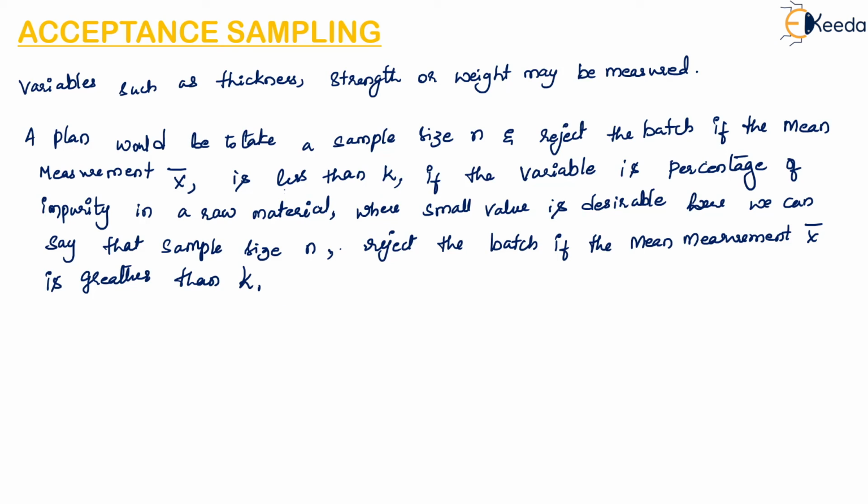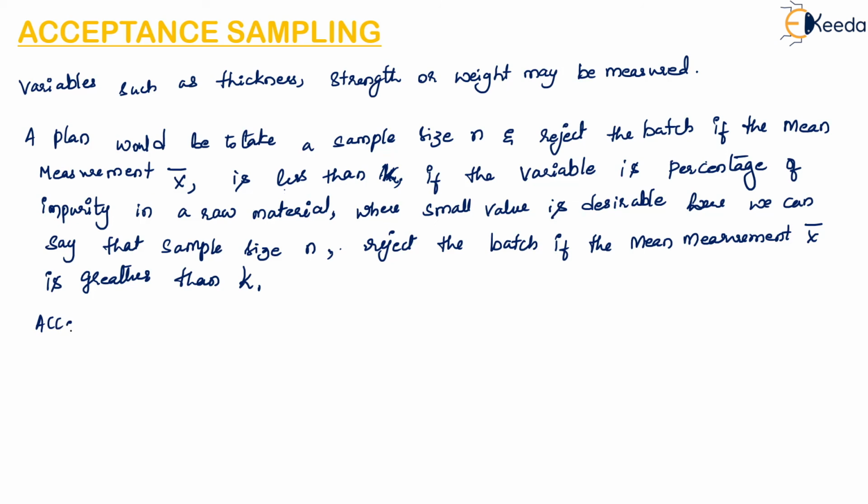Based on the variable which we are measuring, we have to check the k value, whether the variable must be greater than or less than k, and then we will form a plan. Usually it is easier and quicker to classify an item as conforming or non-conforming than to make an exact measurement. So acceptance sampling by variables is a bit time consuming because we have to make exact measurements here.